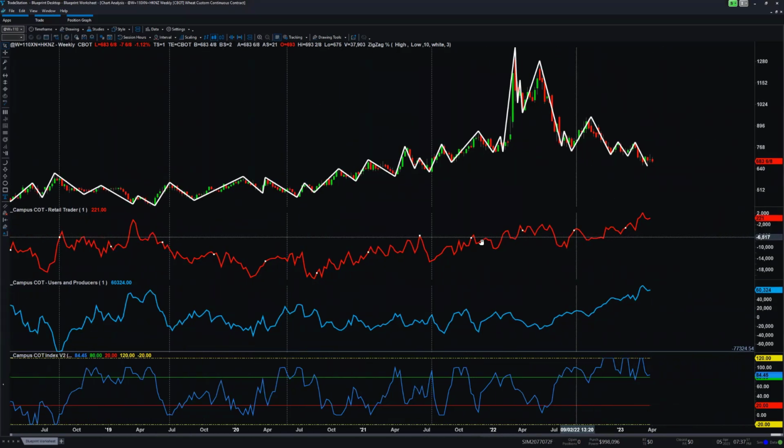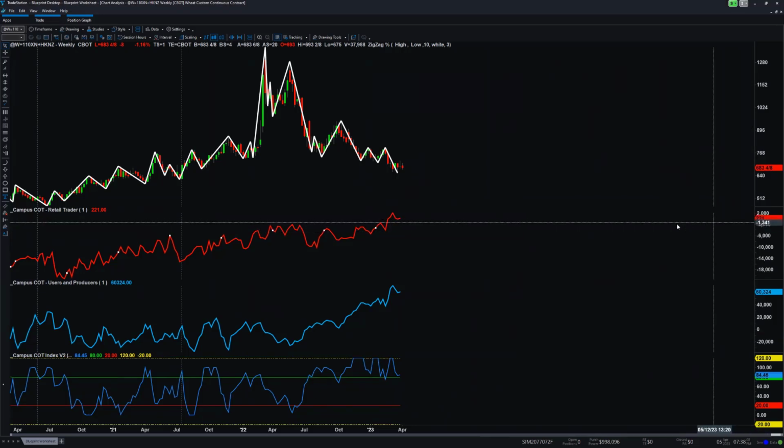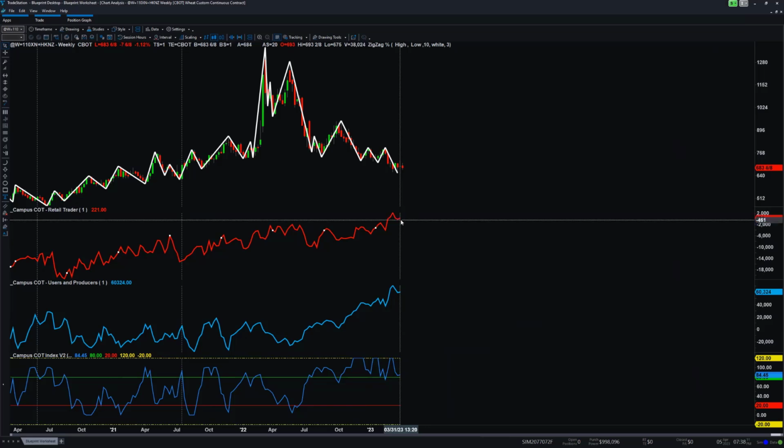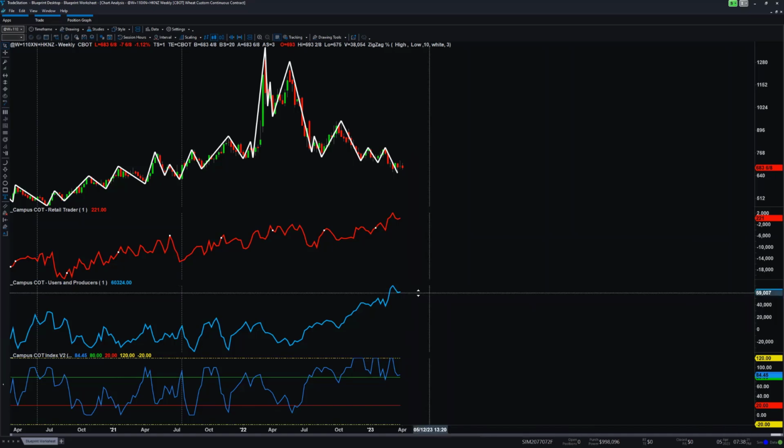So now as well, by just looking at the nets, I can see that the retailers and the commercials kind of do the same thing here as well, right? And you can see the nets on the retailers as well, 221. Wow, that's pretty small, right? 221 contracts. Of course, they're not going to make a huge difference here, versus the commercials, 60,324 contracts overall that are on the table.